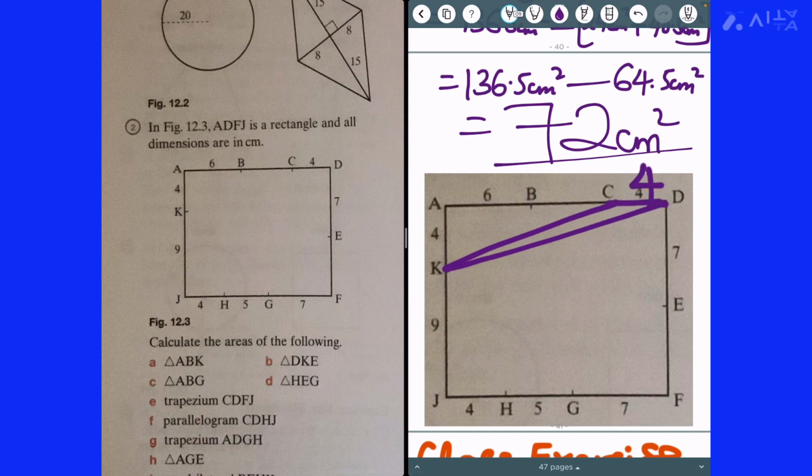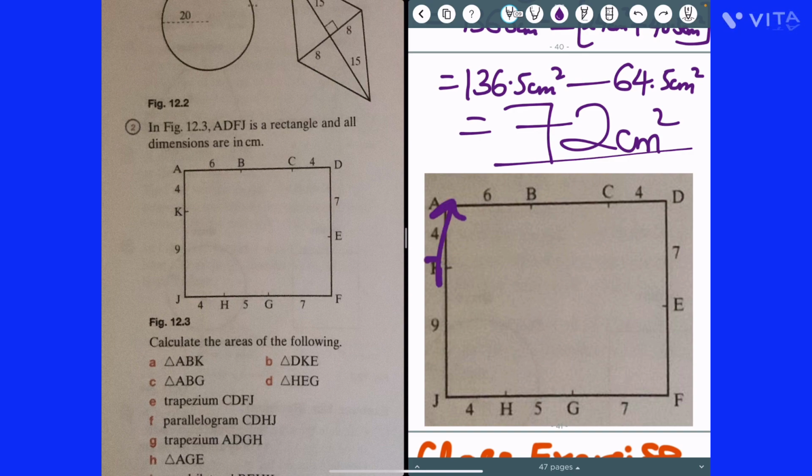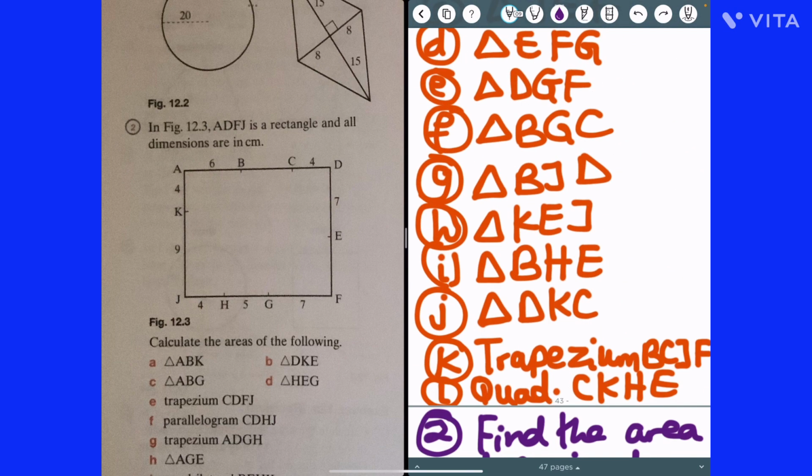My base is 4. My vertical height is also 4. So half times base times height, half times 4 times 4 will give me the area of triangle DKC. Never mind how it looks. The vertical height is 4, and the base is also 4 here. So the area of triangle DKC will be half times 4 times 4.